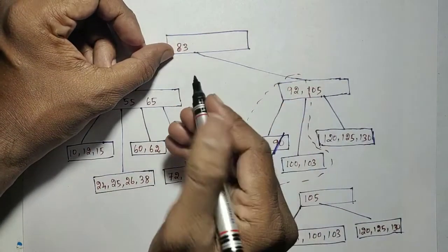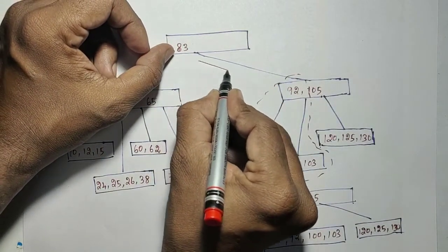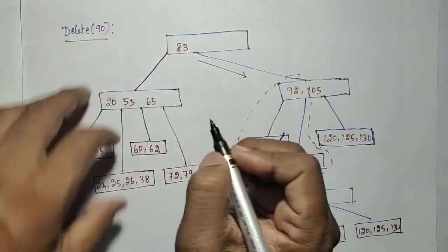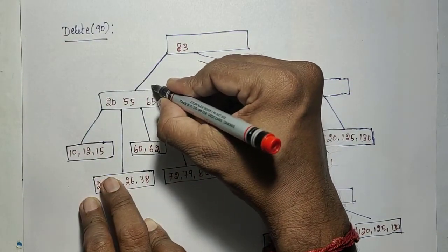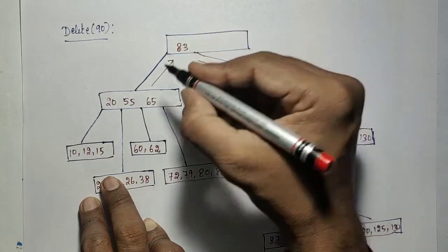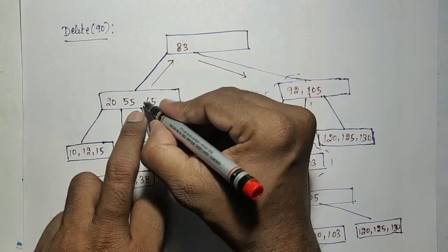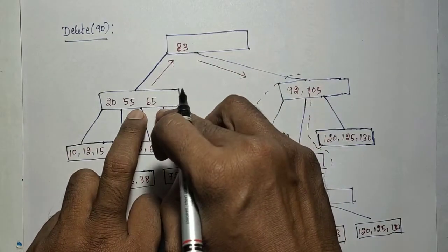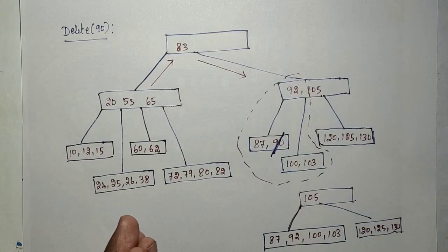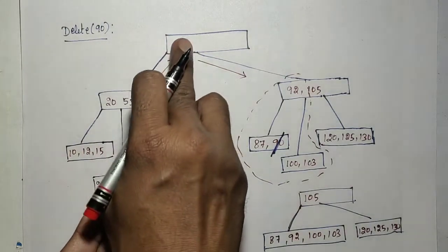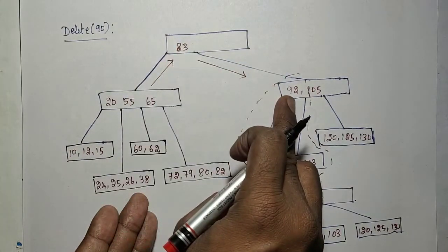So 83 will be moved here, and 65 will be moved from here to here. When 65 moves, along with it another branch will also get shifted. The 65 will move up, and 83 comes in this place.